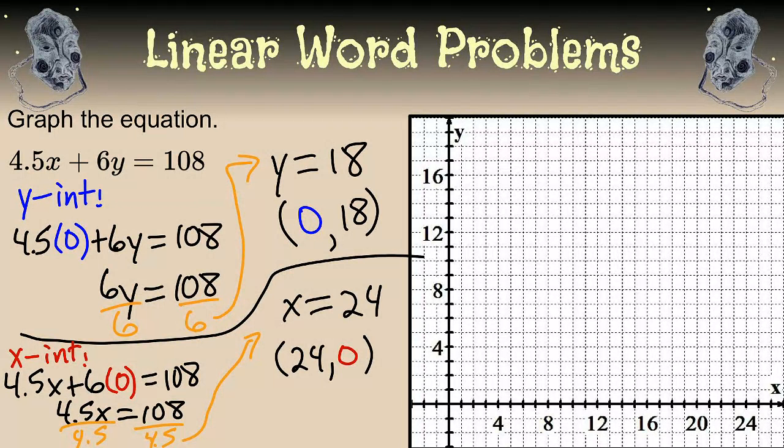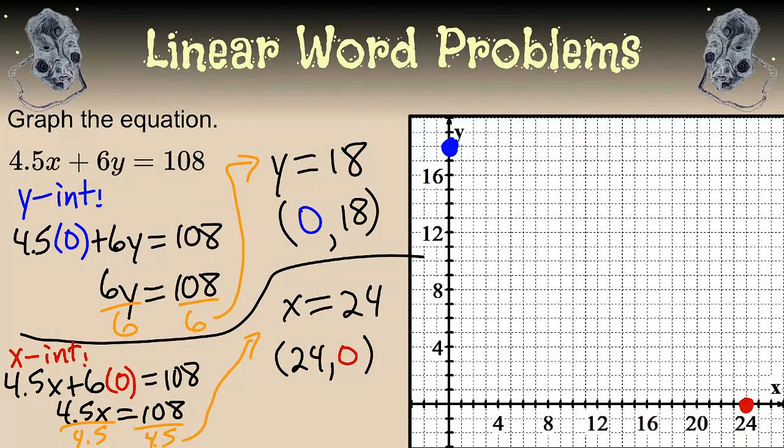So we can plot both of those points. 24, 0 is right there. And 0, 18 is right there. And we can just connect those with a straight line. Now, it will be particularly useful here to find the slope.